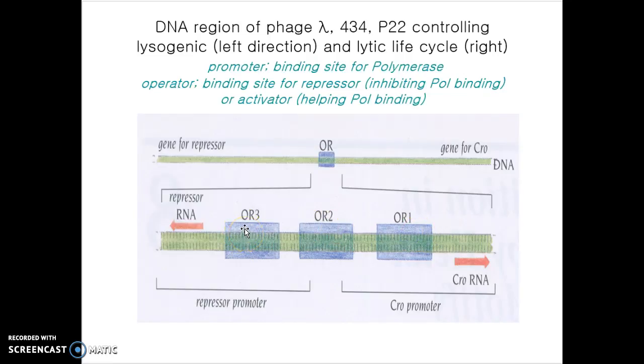So basically, OR1 and OR2 overlap with the Cro promoter, while OR2 and OR3 overlap with the repressor promoter. You can see the concept of promoter and operators.